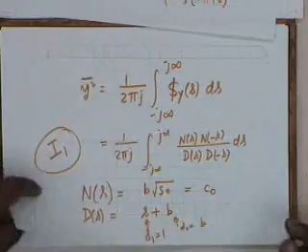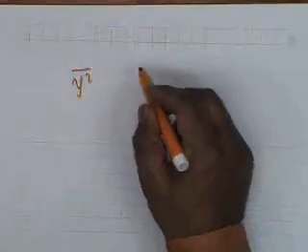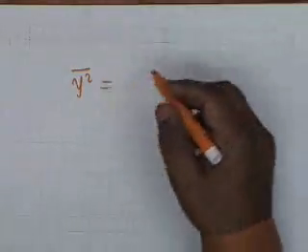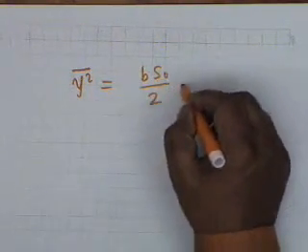So, we take account of that expression, and we can evaluate y squared bar in this case as, you can do the algebra, the final result is b S naught divided by 2. This is the result.